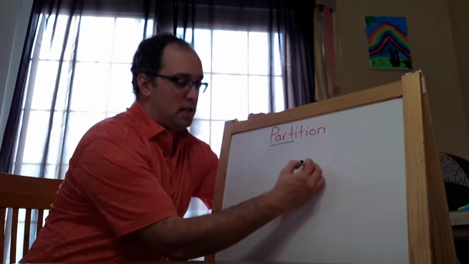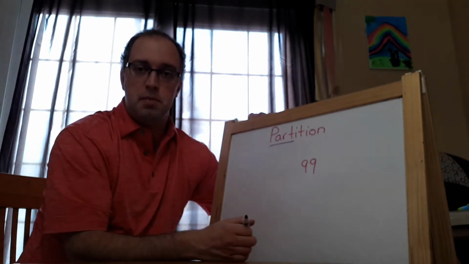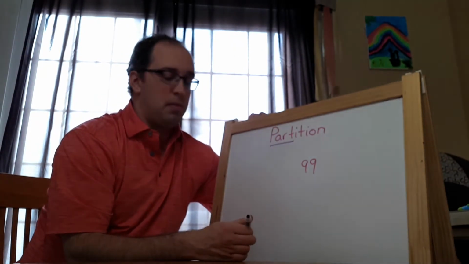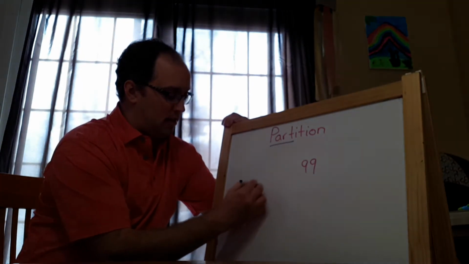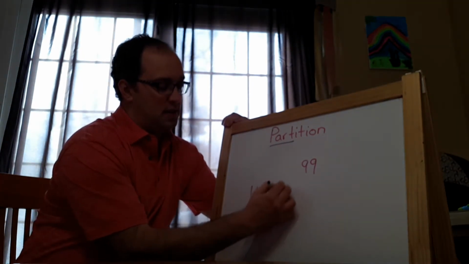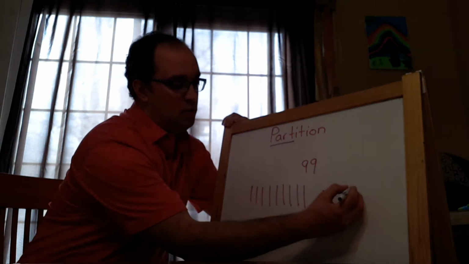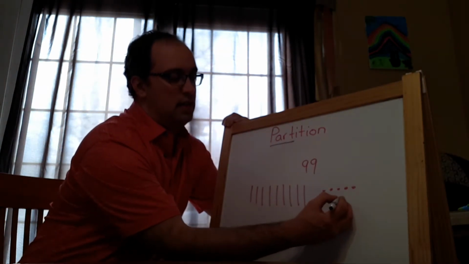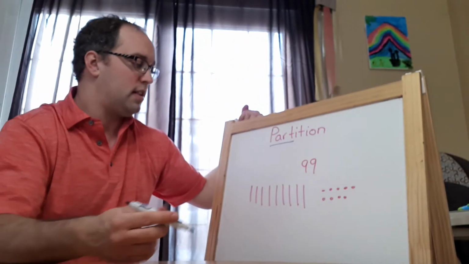So speaking of the number 99, eventually we move on and use numbers to partition or base 10 blocks. If I represented this with base 10 blocks, I would have 10, 20, 30, 40, 50, 60, 70, 80, 90, 91, 92, 93, 94, 95, 96, 97, 98, 99. So I represented 99. Now I have to partition it.